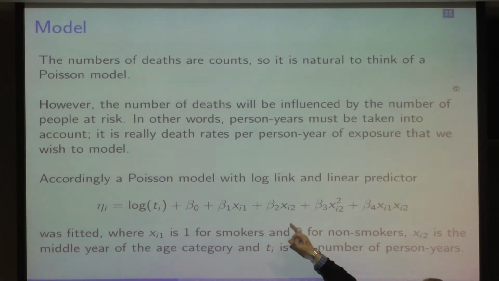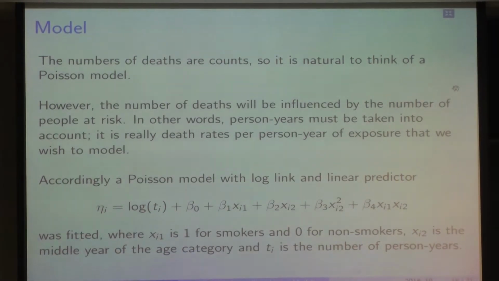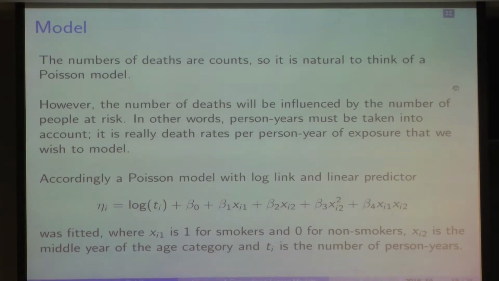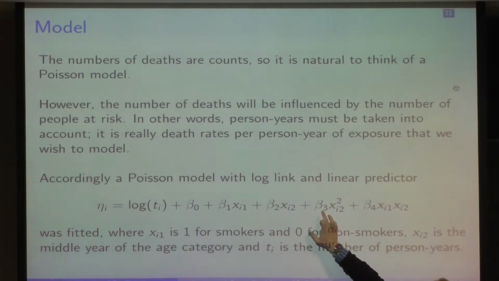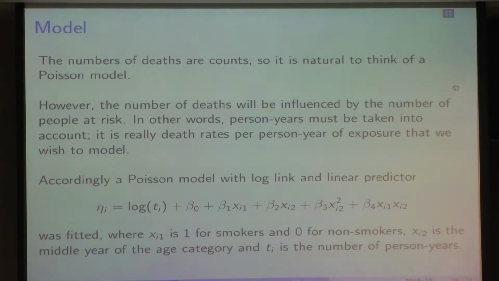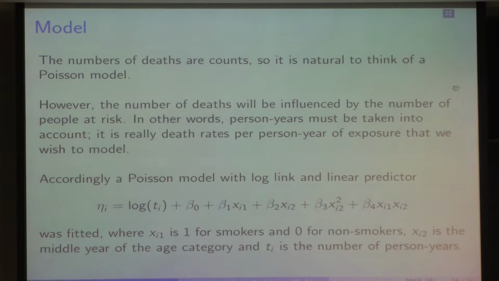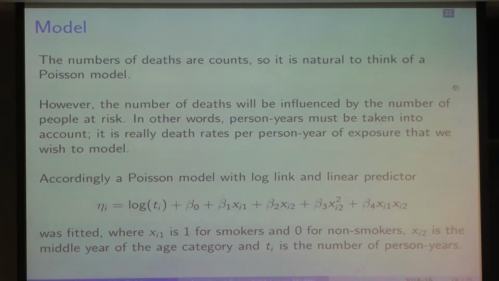This is the age category, converted, so basically an approximation to the age, 40, 50, 60, 70, 80. Then we have a squared term in age here. And we also have an interaction term between smoking and age here. Okay, so that's our model.